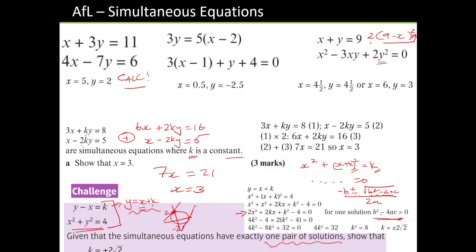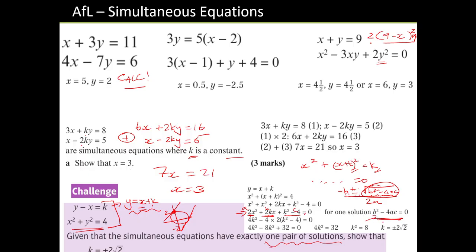This is very, very powerful: if you know something about how things interact, how many solutions there are, you can find out things about this bit underneath. So when we've got this quadratic, we call the first bit a. The coefficient with the x, we call b. And the part that's a constant, which is k squared minus 4, we call c.